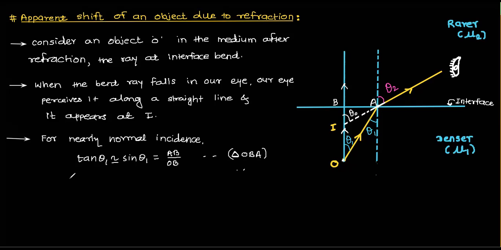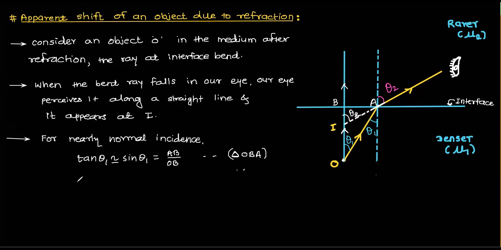Next one, tan of theta 2 is equal to sine of theta 2, and that is equal to, so shall I make it here 2 instead of this dot? Okay, I will make it like this, theta 2. Instead of this theta naught, I am making here theta 2.